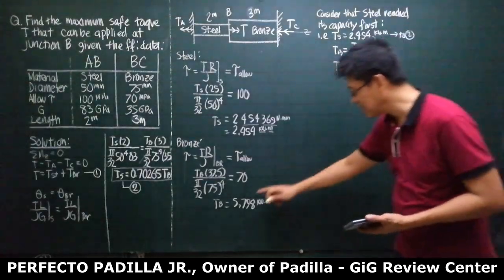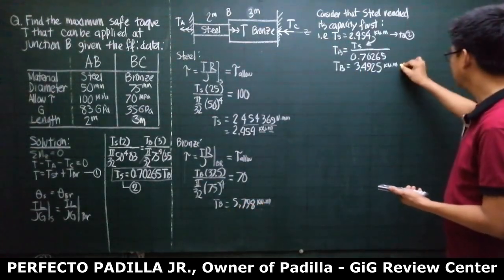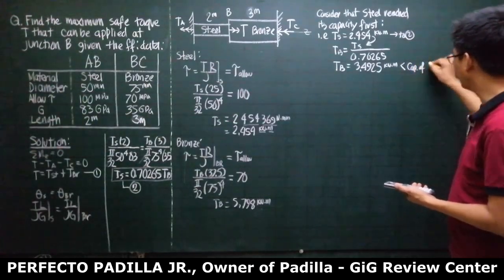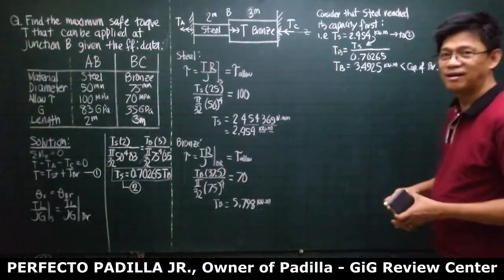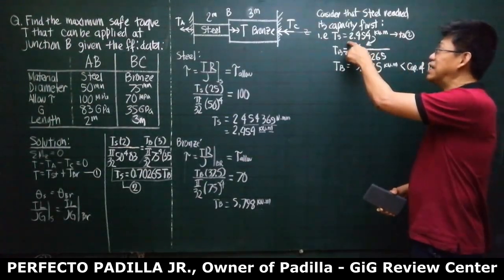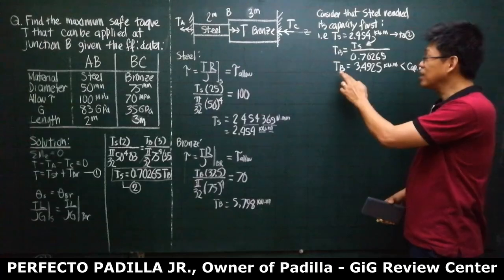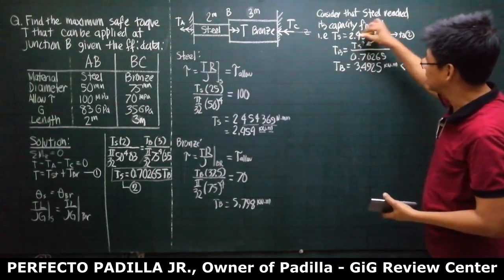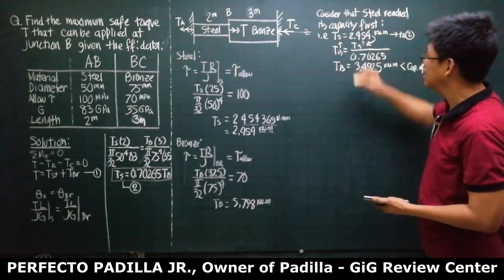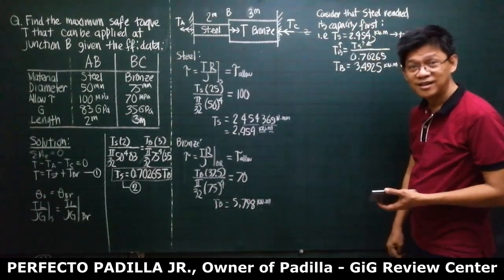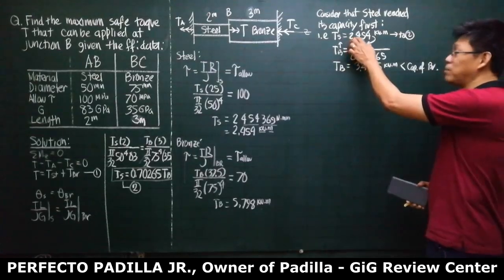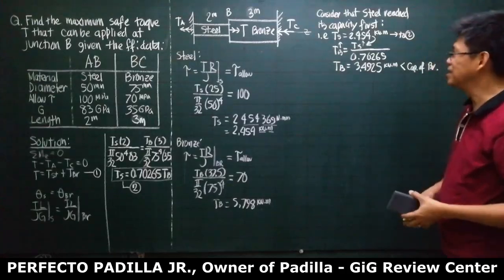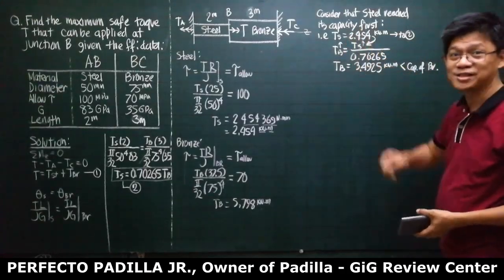Notice that this is less than the capacity of bronze. And TS cannot exceed this one. In order for TB to increase, TS must increase. As TS increases, TB increases also, right? But TS cannot be more than this because this is its capacity. It means the steel governs the design.